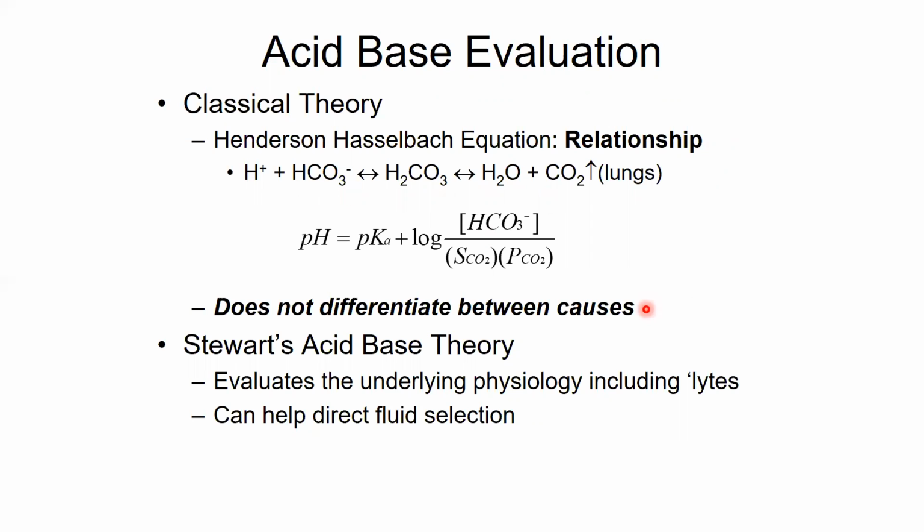But it does not differentiate between all of the causes. Stewart's acid-base theory evaluates the underlying physiology, including electrolytes and weak acids. And in some cases, it can help direct fluid selection.